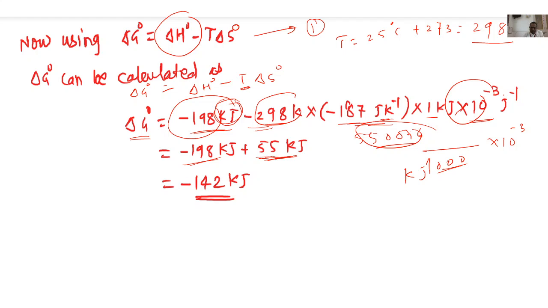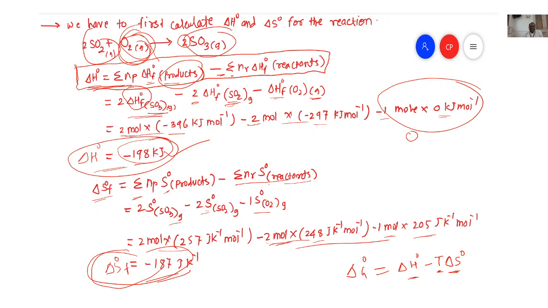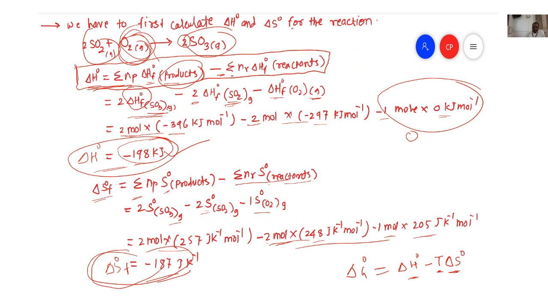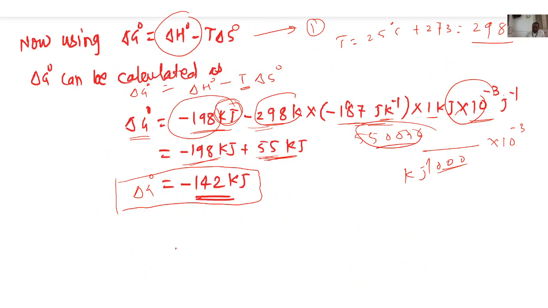Therefore, delta G0 for the above reaction, that is the change in standard Gibbs free energy, comes out to be minus 142 kilojoule.